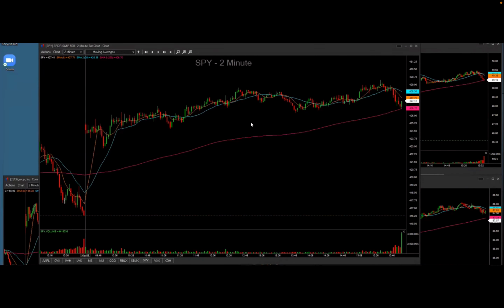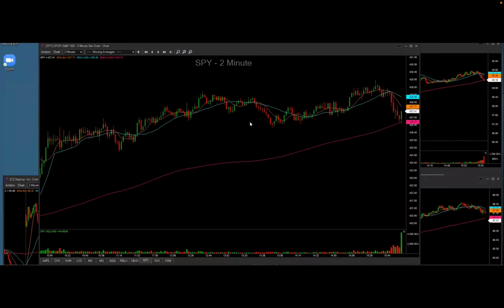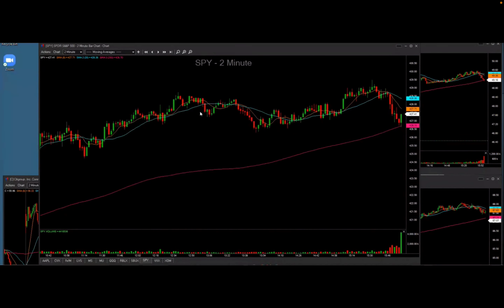That candle I thought was going to be red. And then I got stopped out when it bounced back up above the 8. And then I retried again, more to your right, where it broke the 8 again, that red candle. And once it touched that 20 and halted off of that, I was able to enter again.